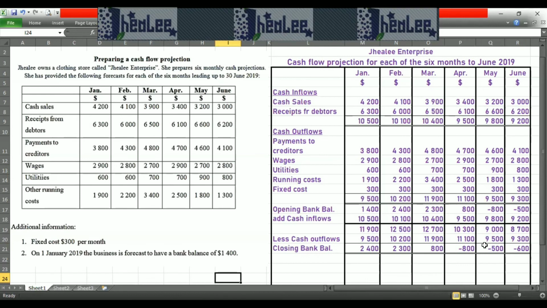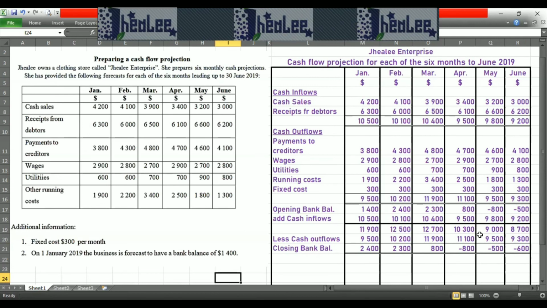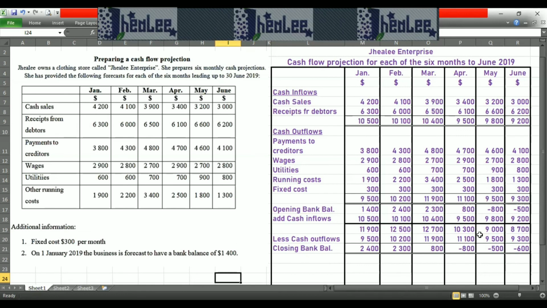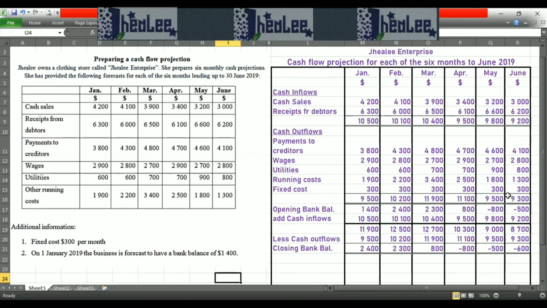And once they projected that they don't have enough cash to cover their outflows, then they can set up the facility of the overdraft with their bank. Or again, remember, they can seek a loan, or it is a possibility that they would have to review all those outflows and see where they can cut back. Or what they can do is try to increase their inflows, find ways to increase their inflows. So they can increase their selling price, for example, to increase their inflows.